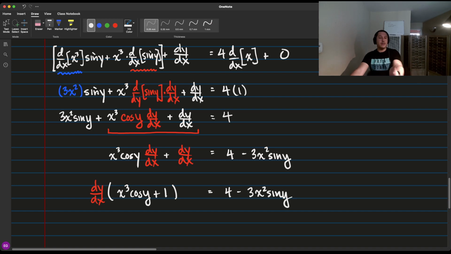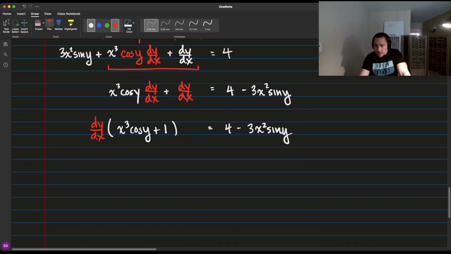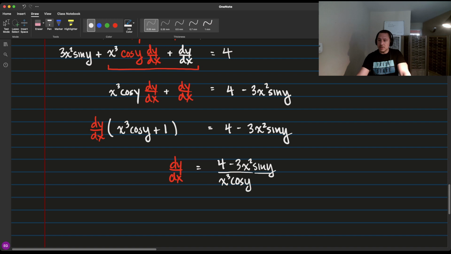I can now divide both sides by x cubed cosine y plus 1, and I'll have solved for dy dx. So dy dx is going to be equal to 4 minus 3x squared sine y divided by x cubed cosine y plus 1. This is my formula for the derivative.